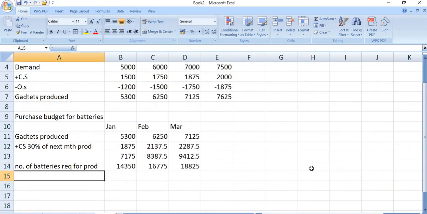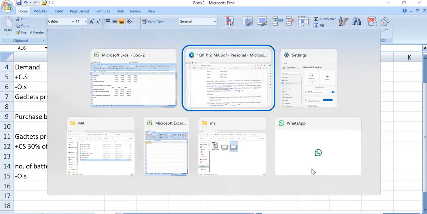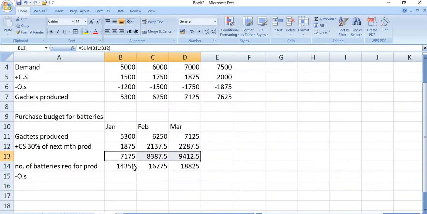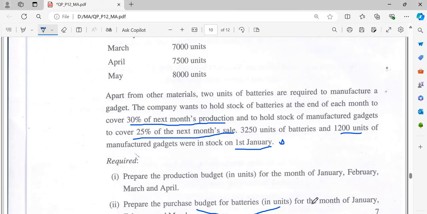Now only we need to reduce the opening stock, because opening stock they have given in batteries only. So we need to convert this into batteries, then only we can reduce opening stock. That is the trick we have in this question.